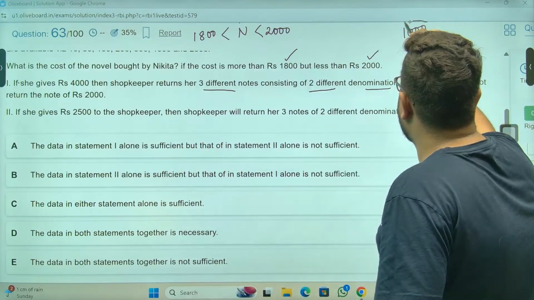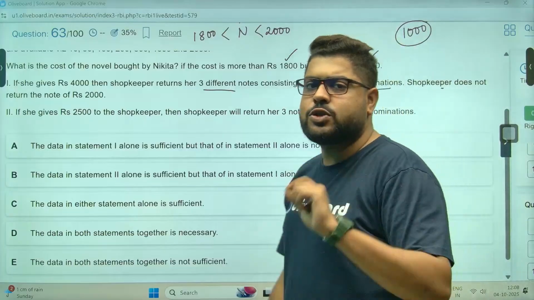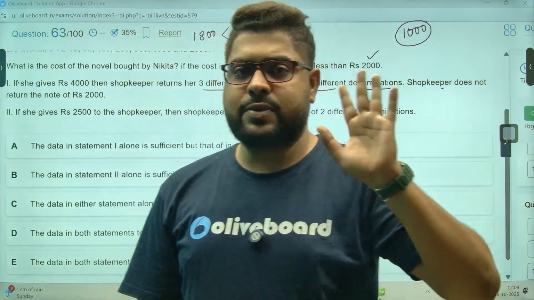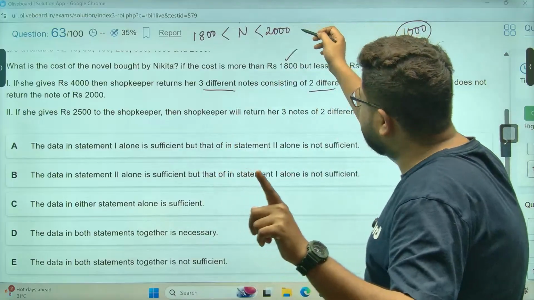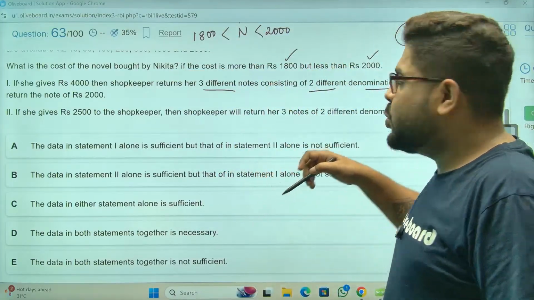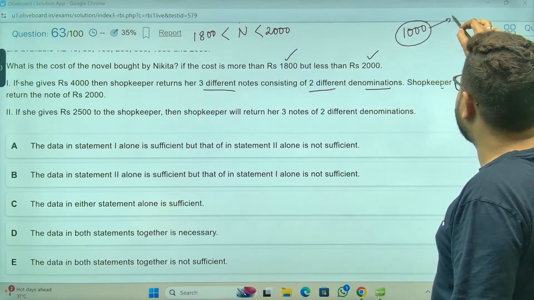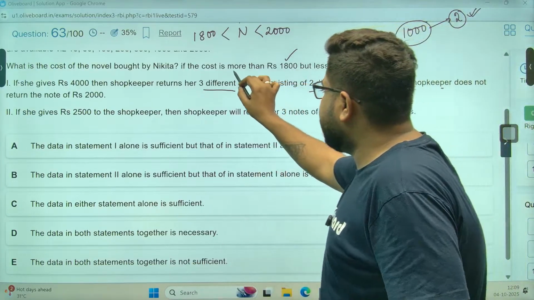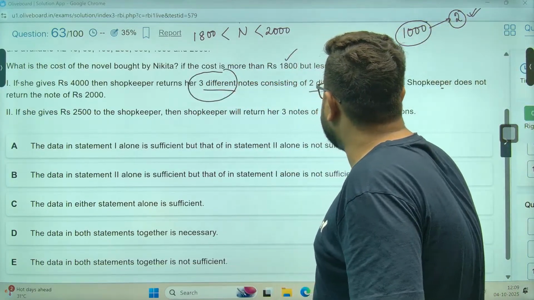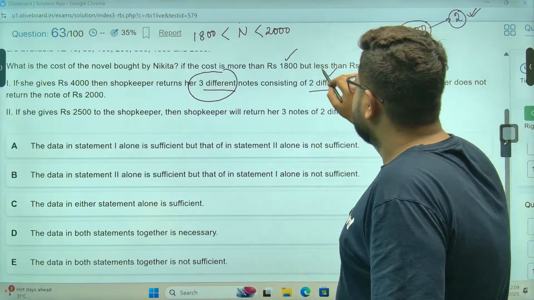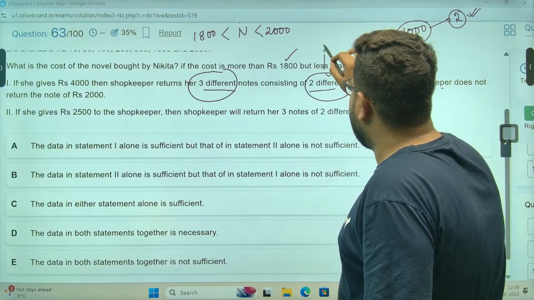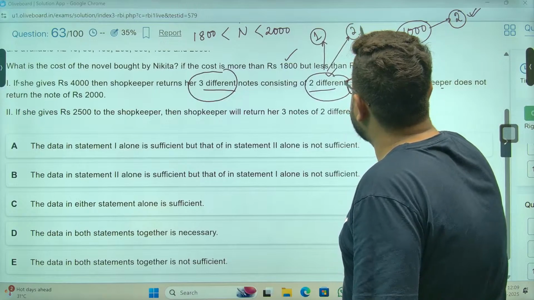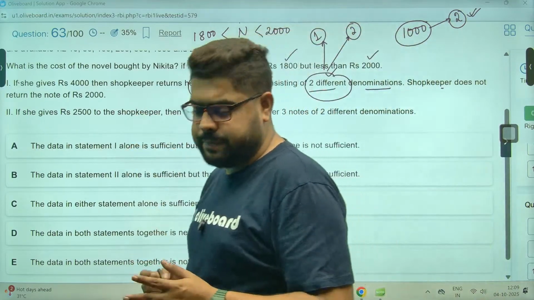Now again, if shopkeeper returns only 1000 rupee note, then 4000 minus 1000 is 3000. But again we have to go less than 2000. So that means it must so happen the two notes, because you understand 3 different notes of 2 different denominations, meaning one denomination, one note, the other denomination, 2 notes. That's the situation. 1 plus 2 gives you 3.